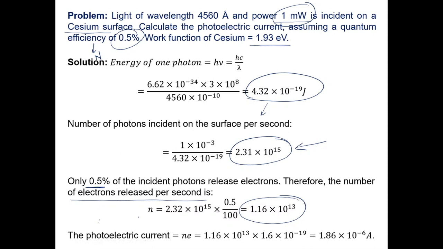You get 1 electron per photon. That was the idea, where the number of electrons depends on the intensity. So you get these many electrons per unit second. If we multiply this number of electrons per unit second by the charge, we get the total current, and the total current turns out to be 1.86 microamperes.